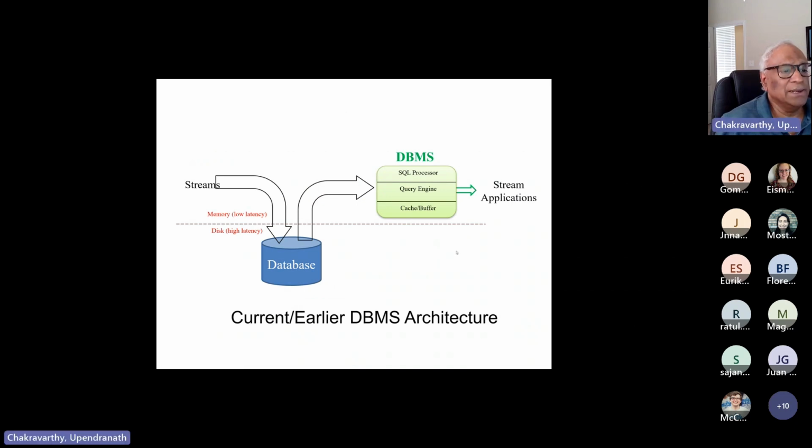For example, earlier with the DBMS architecture, you had to store everything in a DBMS and then you could query that. Now, this paradigm was no longer appropriate for stream data because real-time requirements were paramount. When you try to put the data into a database and retrieve it, you lose valuable time and it cannot be real time anymore.